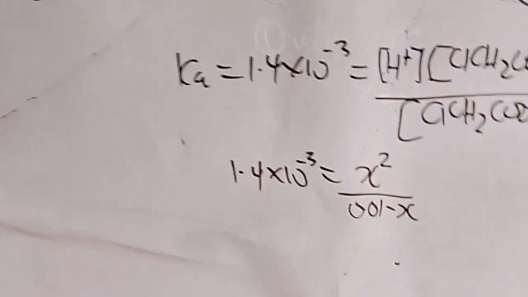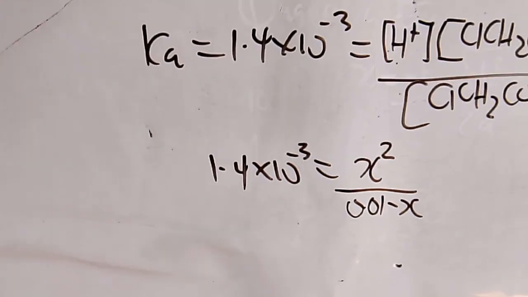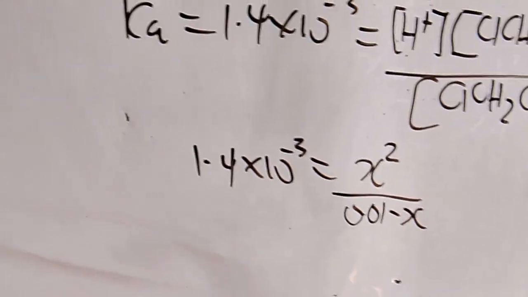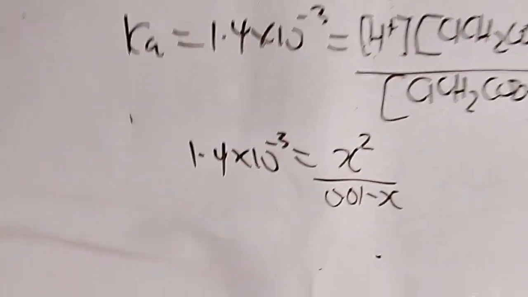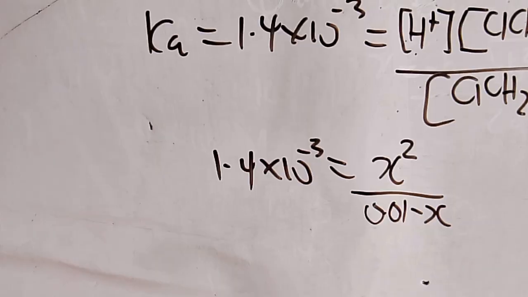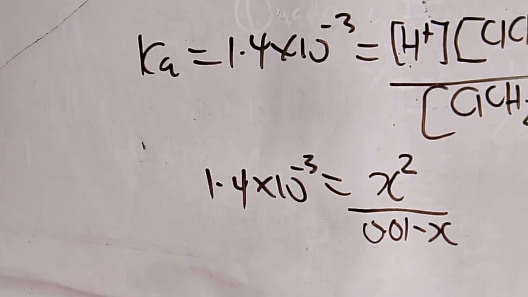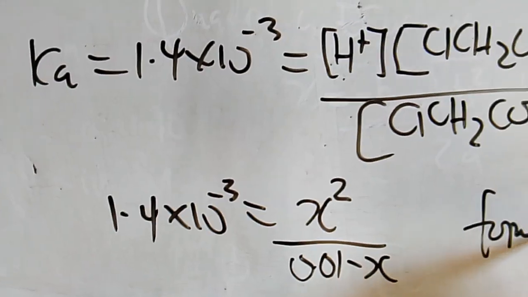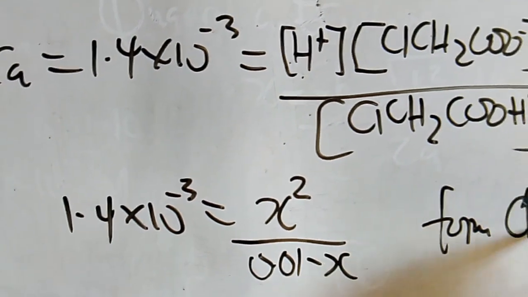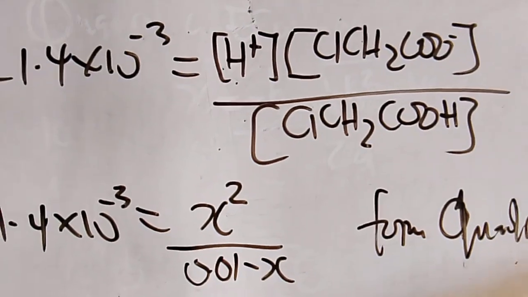Then you cross multiply to create a quadratic equation. That is a mathematical situation which is very simple for you.